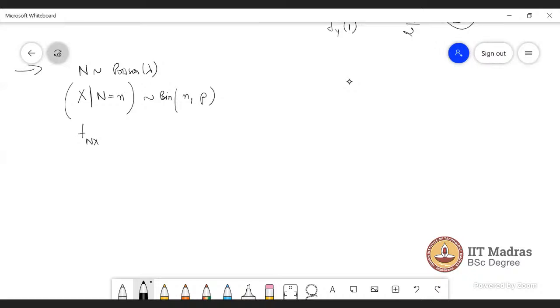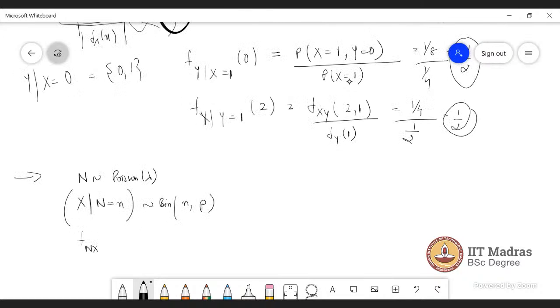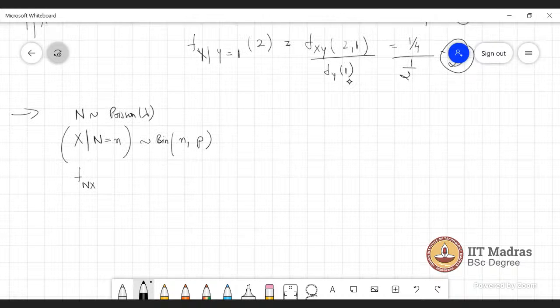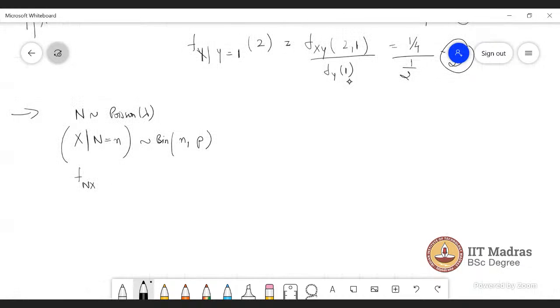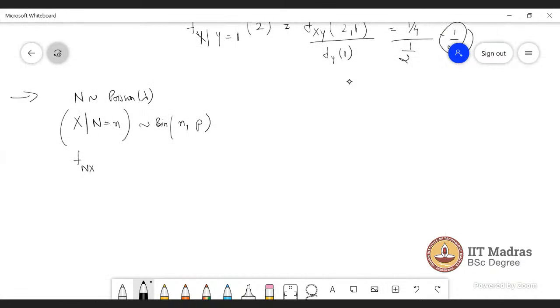So how will we do that? Previously we have seen the formula for the relationship between conditional, joint and marginal. We know that fy given x is the same as fxy divided by fx, right? So similarly, we can write this as f of x given n into f of n.